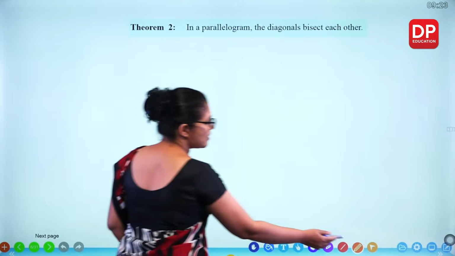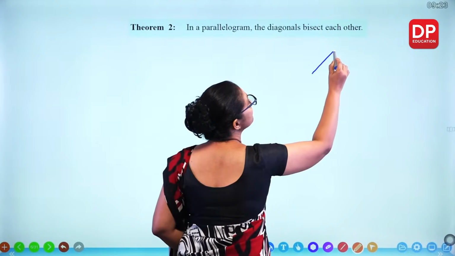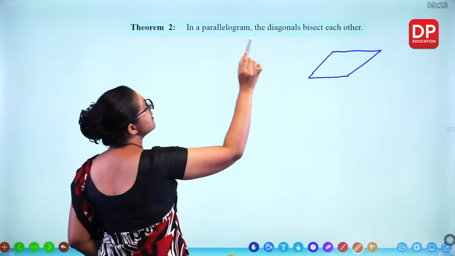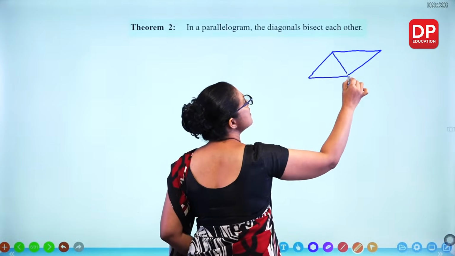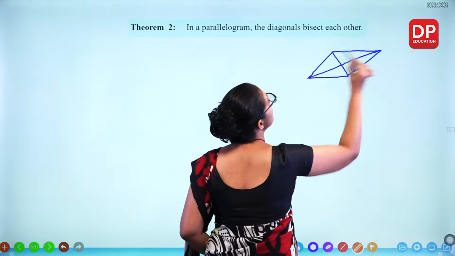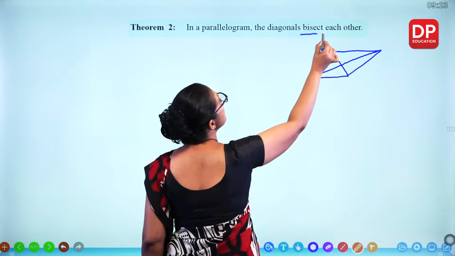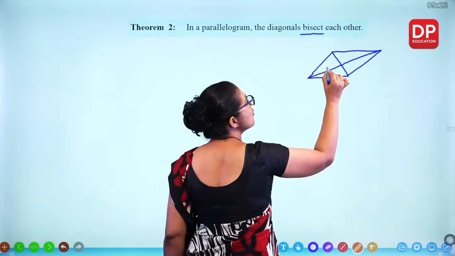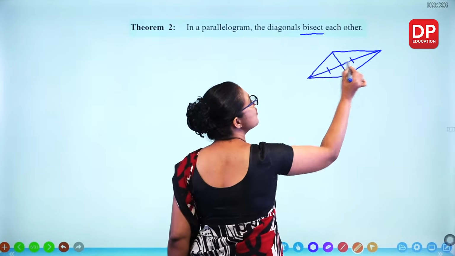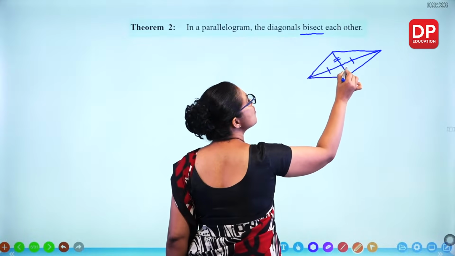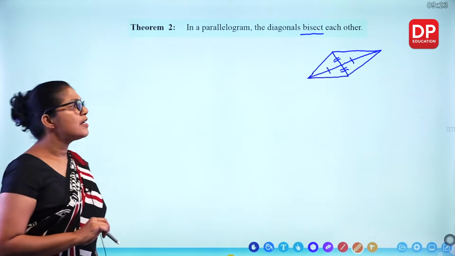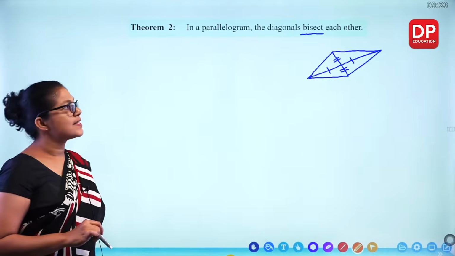When you take a parallelogram, diagonals means this one and this one, bisect means equally divided into two. So that means this length should be equal to this one, this length should be equal to this one. So that's theorem number 2. We'll try to prove this.